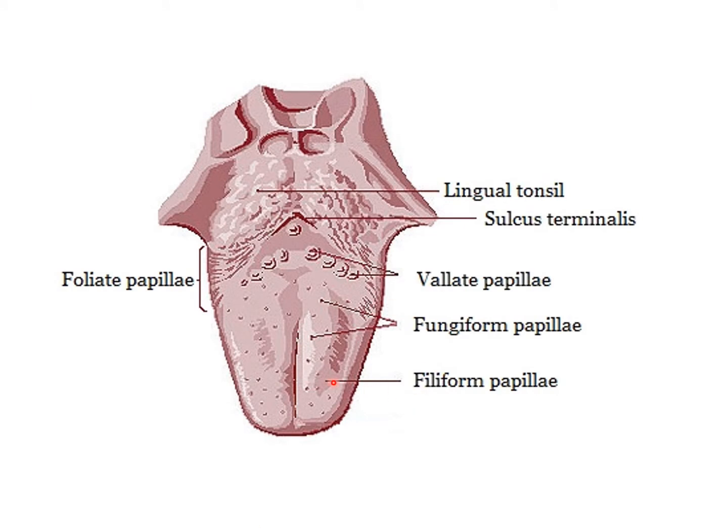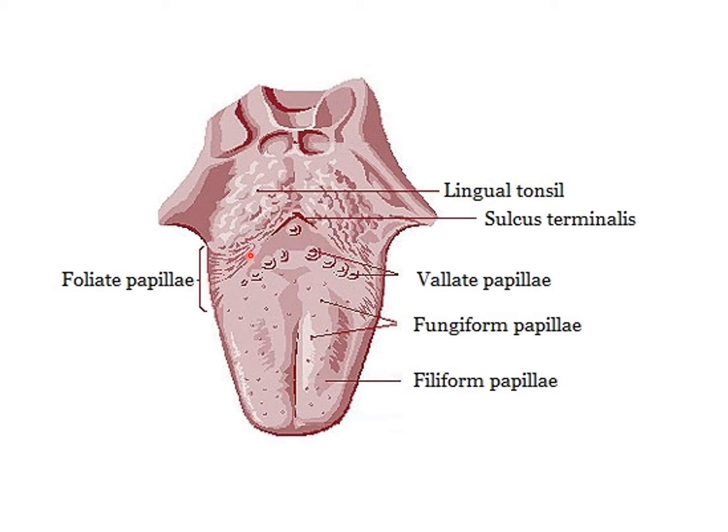So, if we look at the dorsal surface of the tongue, the overlying tongue mucosa is projected into what we call the lingual papillae. The most numerous are the filiform papillae, which are dispersed throughout the tongue. Then you also have the fungiform papillae and the circumvallate papillae.